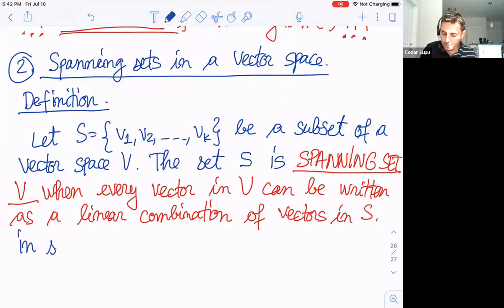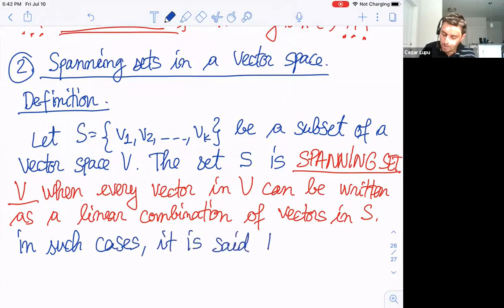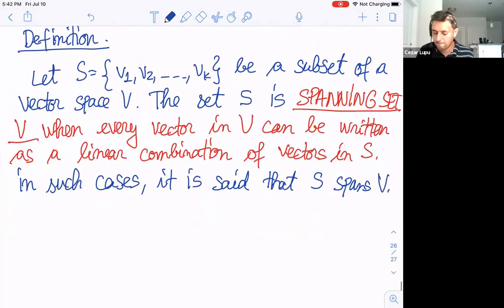In such cases, it is said that S spans V. And we will see examples of a subset of a vector space which will span the entire vector space.